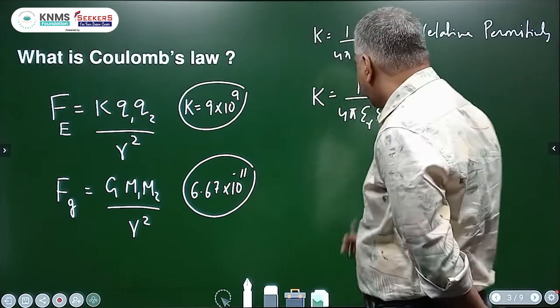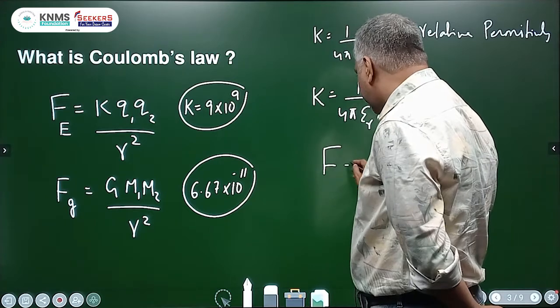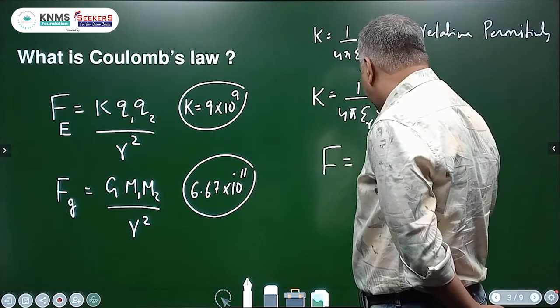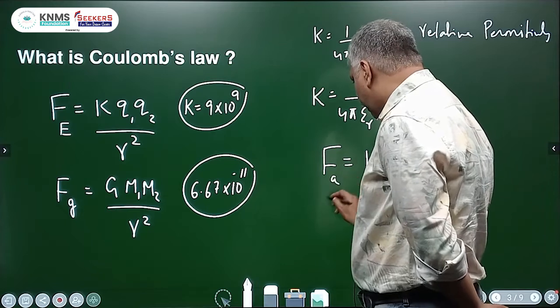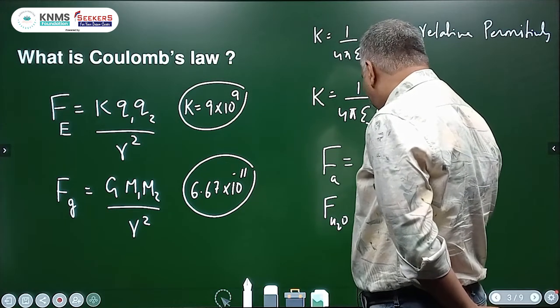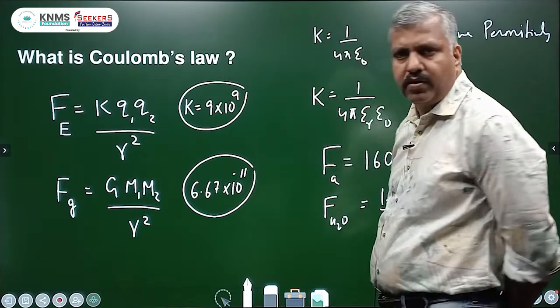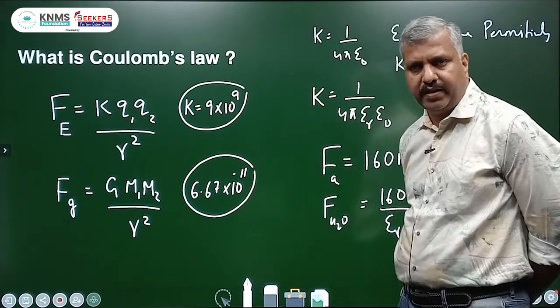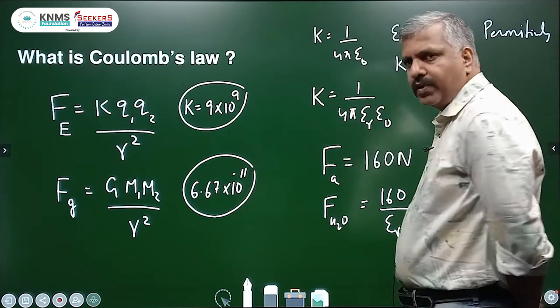So, what happens is that if in air the force between two charges, let us say hypothetically, is equal to 160 newtons, then in water the force between them will be equal to 160 divided by the relative permittivity or the dielectric constant, which is 80. So, it will only be equal to 2 newtons. Okay.